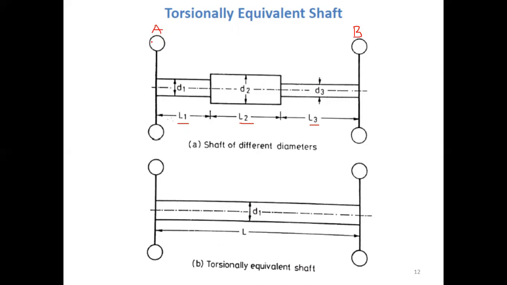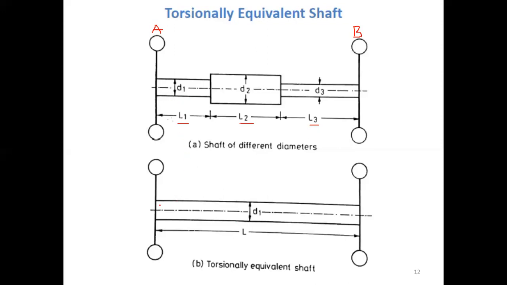Okay. Now, if you encounter such a shaft of varying diameters, how to convert it into an equivalent shaft? For that, you can convert this given shaft to a shaft of uniform diameter, say any one of the given diameters, which is D1.